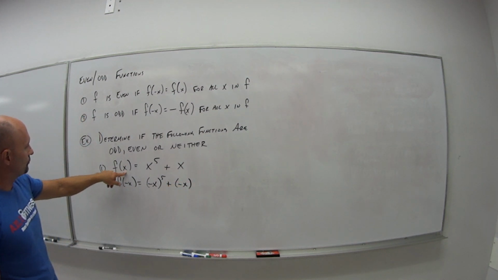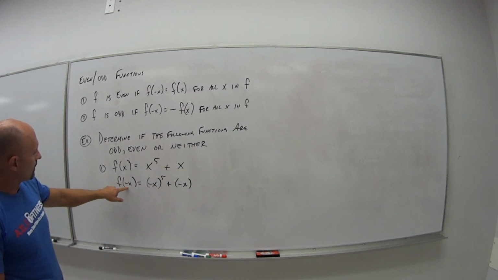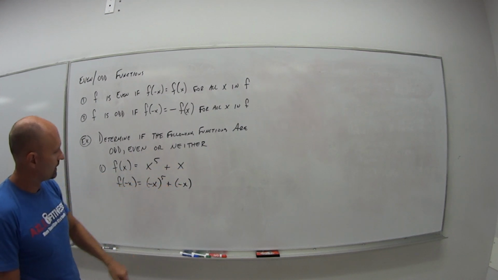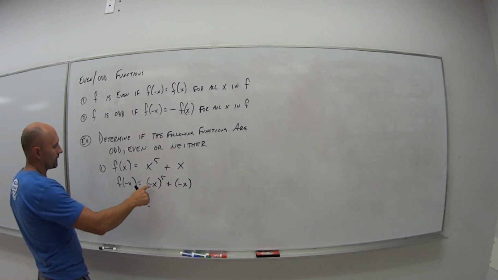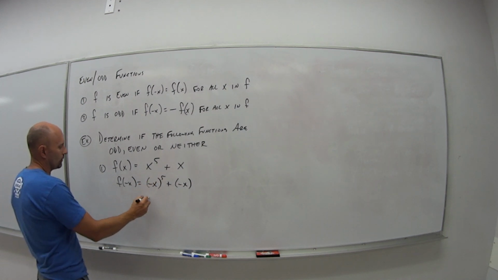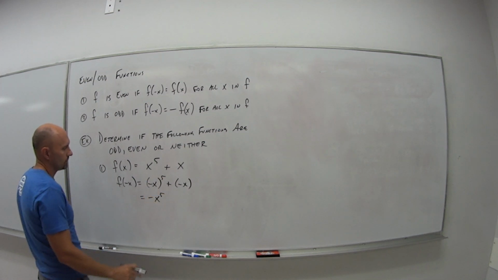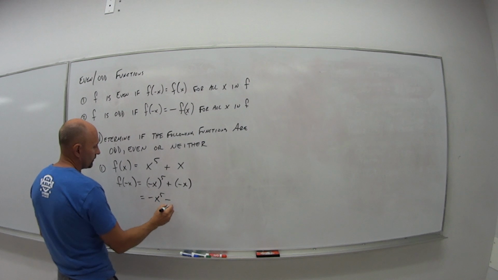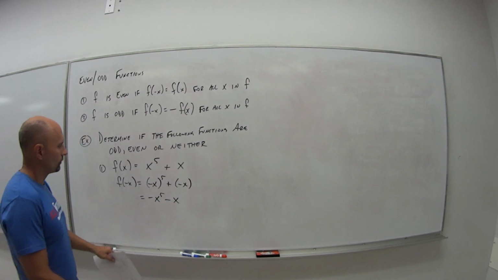If I wanted f of 2, what would I do? I would plug in 2 anywhere I have an x. So if I want f of minus x, I have to plug in negative x anywhere I have an x. So if I simplify this, well, negative 1 to the 5th power is negative 1. X to the 5th is x to the 5th. Plus a minus x is minus, so minus x. So this is what?